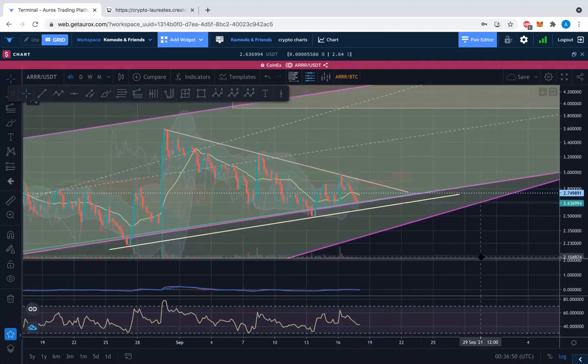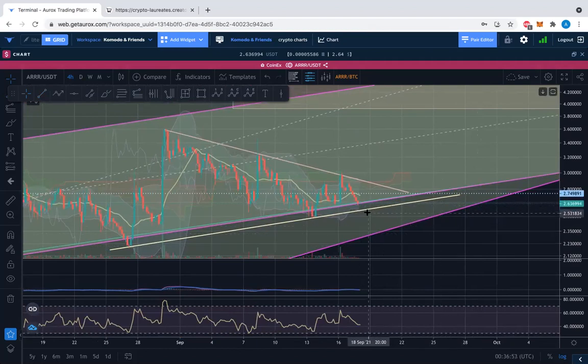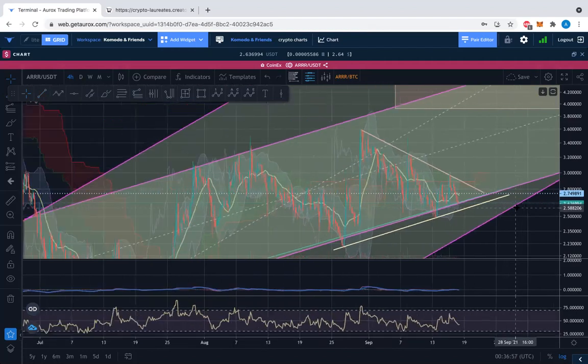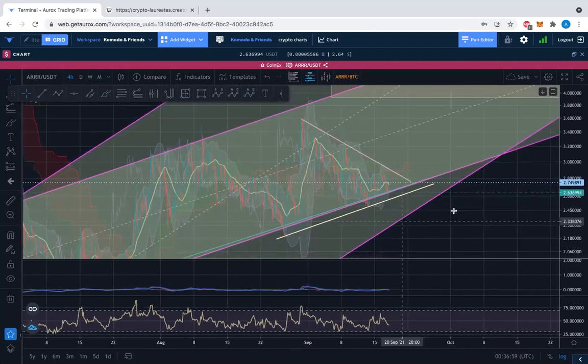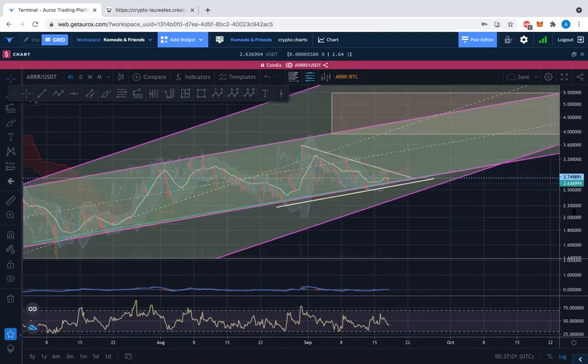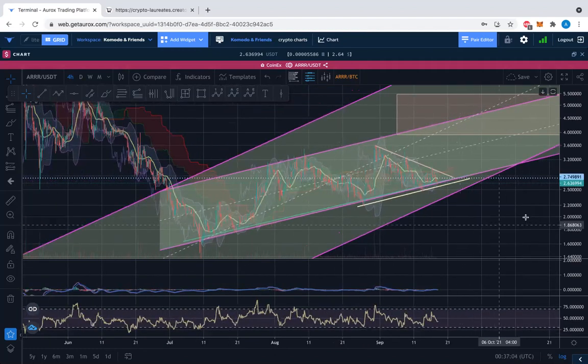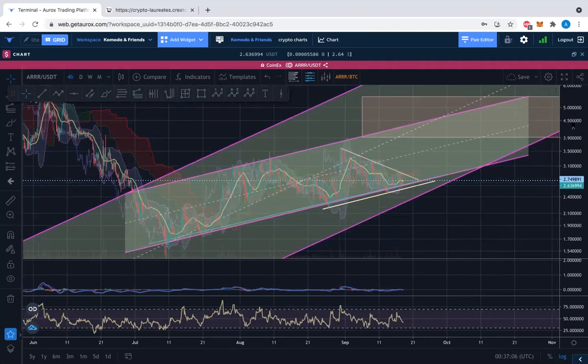Not looking like our friend right now, but at the end of this could be providing a nice bump up. We shall see where this all leads. That's about it for now.